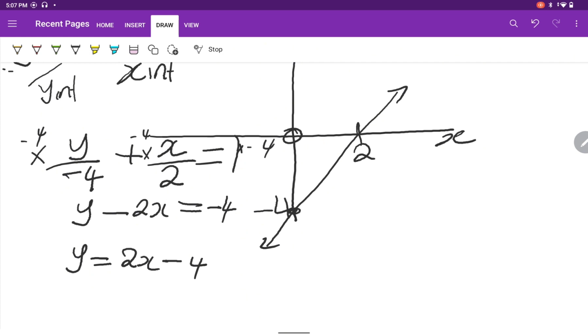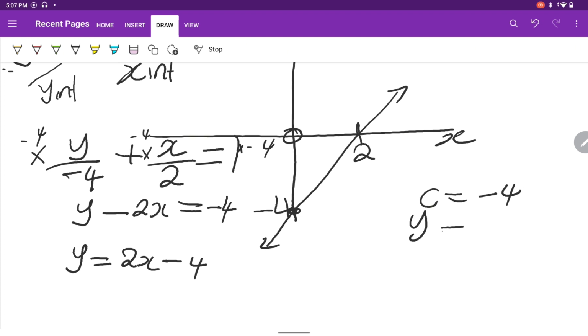So you just say y divided by the y-intercept plus x divided by the x-intercept always equals 1, and then you work it out, but only if you have the intercept. Right, so if you don't have the intercept, or if you want to use another point, we already know this is the c value, and therefore we can say straightforward that c is negative 4.